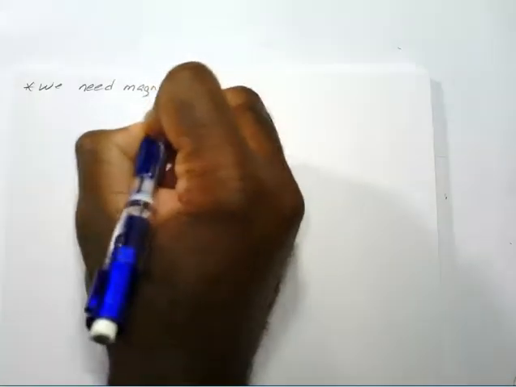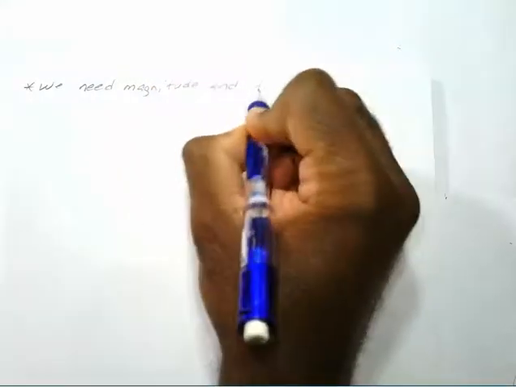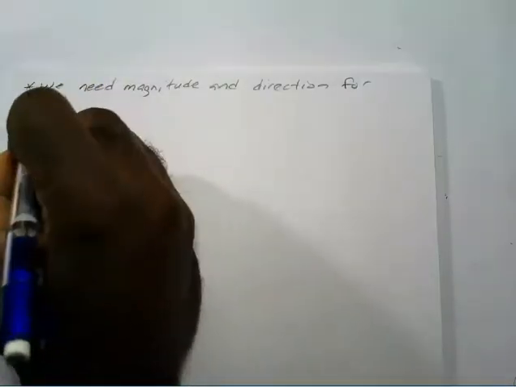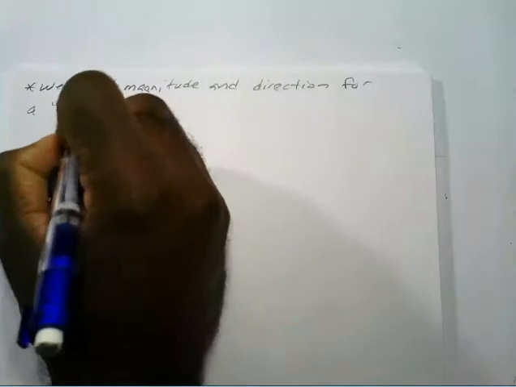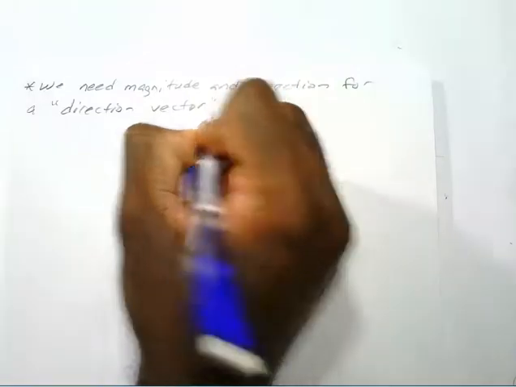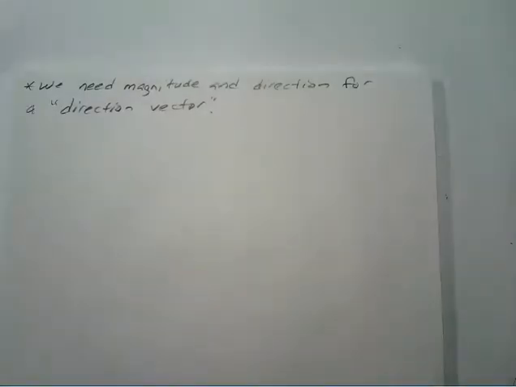Okay, now the one thing we know is that we need magnitude and direction for a direction vector. The thing is, we can just use the scalar component we just figured out as our magnitude, and we just need a vector in the same direction as our B vector.